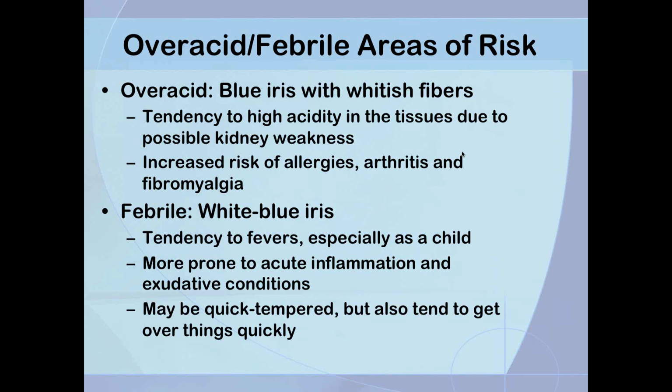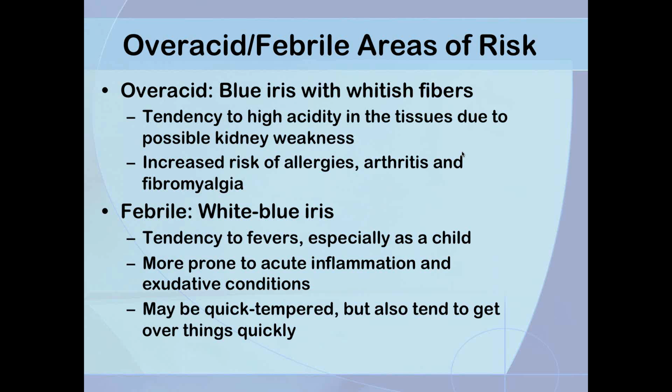One of the primary functions of the kidneys is to remove the waste acid that's a byproduct of metabolism. If the kidneys are inefficient at doing that, then there's going to be a risk for accumulating more acid in the tissues, which increases the risk of things like allergies, arthritis, fibromyalgia, or other kinds of hot, inflammatory, overreactive conditions.